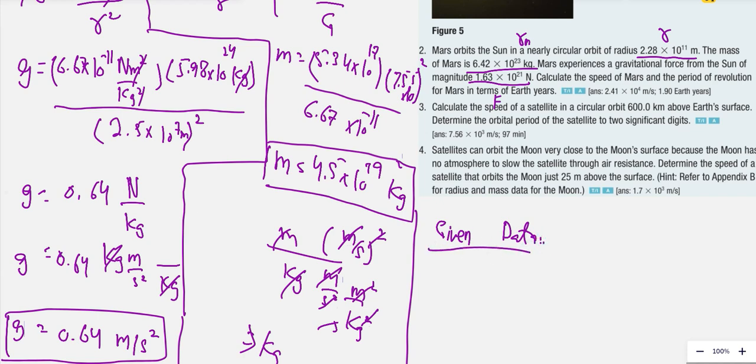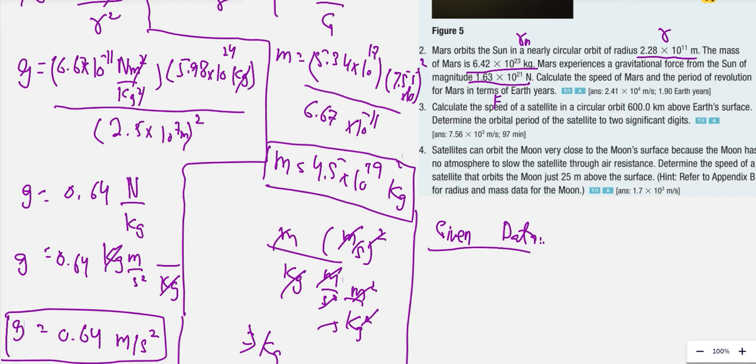We know that the gravitational constant is 6.67 times 10 to the minus 11, and we also know that mass of the Sun is 2 times 10 to the 30. The other given data is already underlined, so I am going directly to the solution.